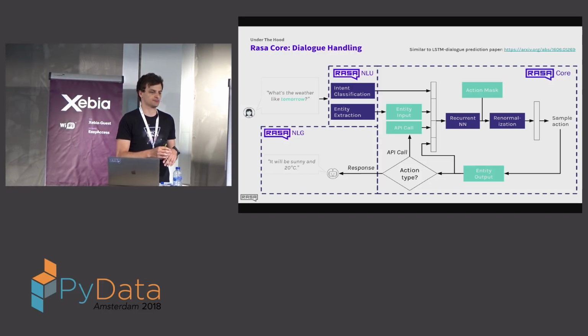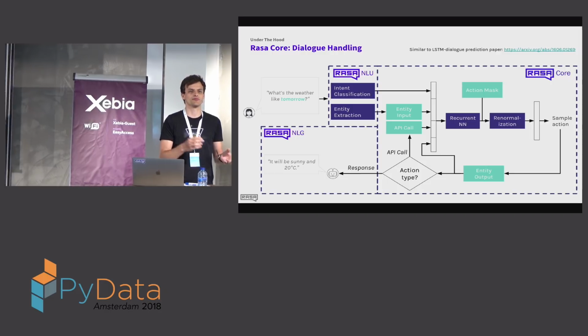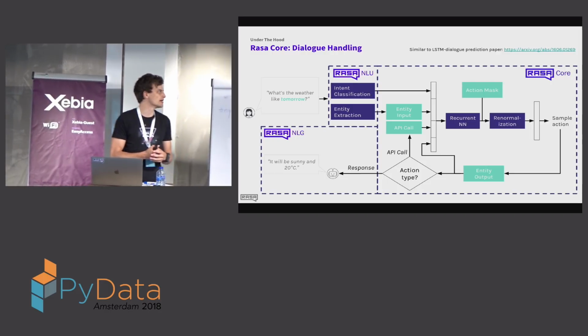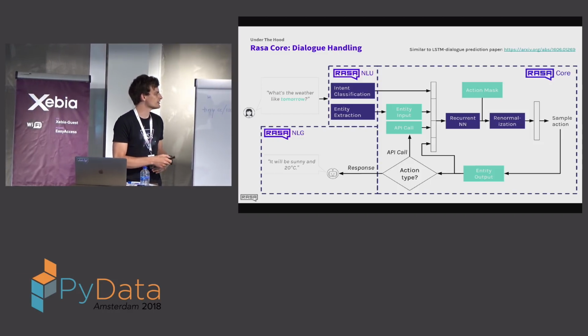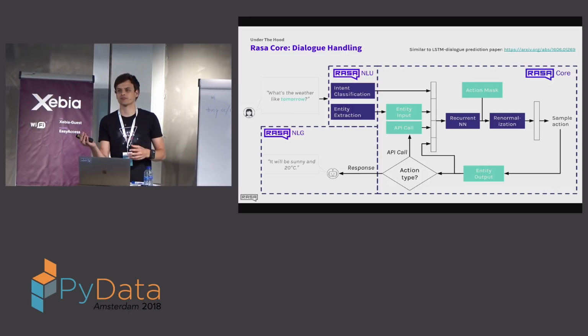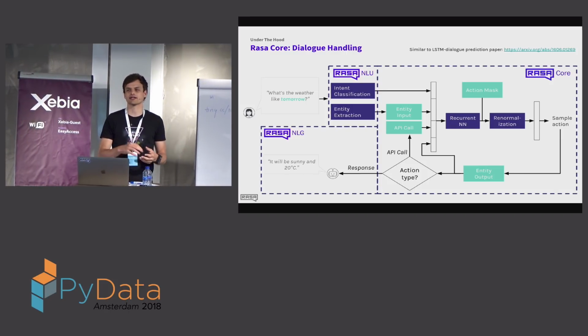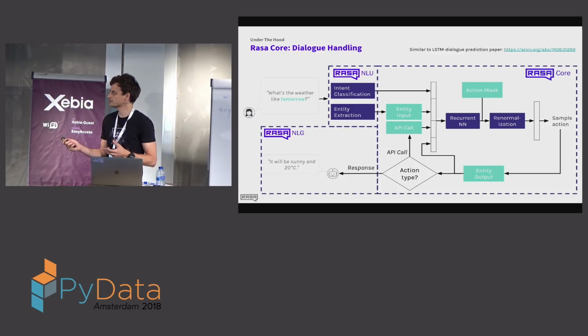This allows you to make your bot actions very small and then compose them in different dialogues in the way you want them. So for example, in our example, there is probably one action that fetches the data from the API and a second action that actually creates the user utterance. So in that case, we would have 2 actions.